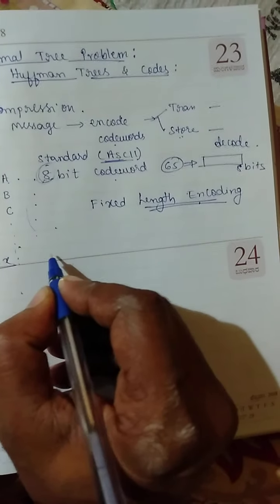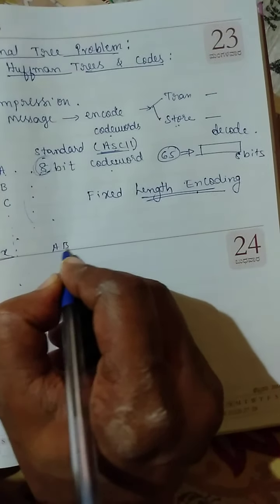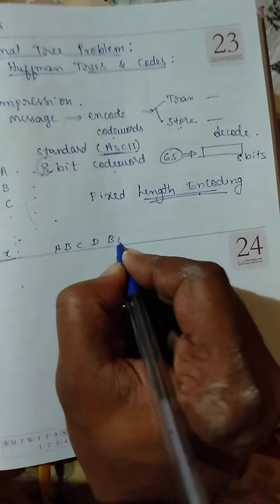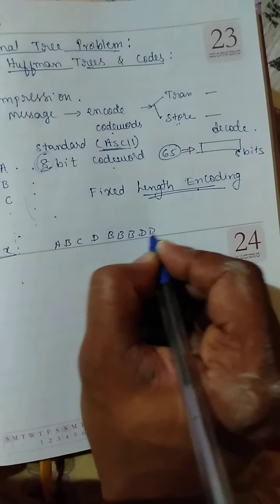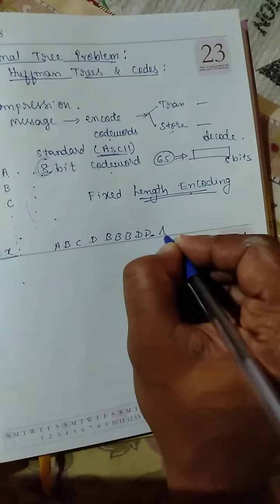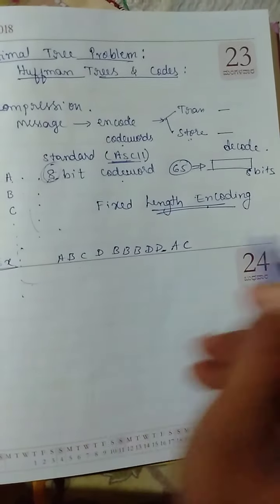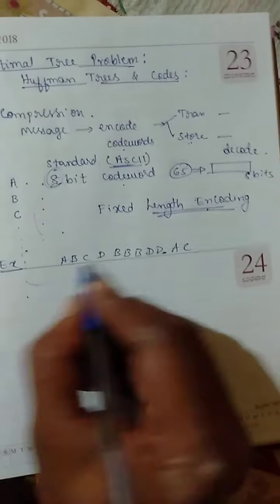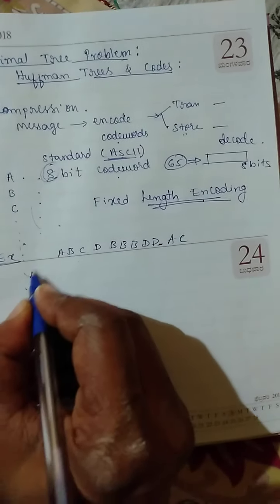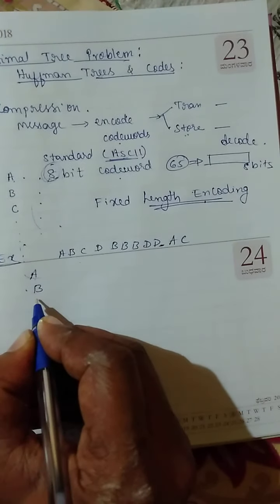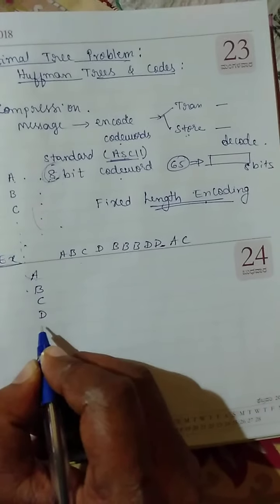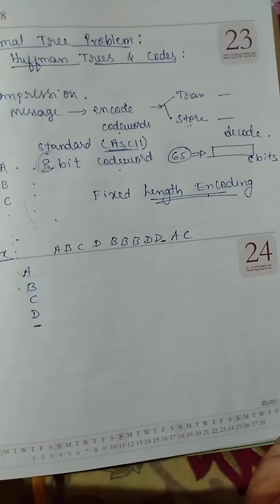Say you are transmitting some information: A, B, C, D, B, underscore, A, C. You want to transmit this information from one end to another. How many distinct characters are you using? A, B, C, D and underscore.